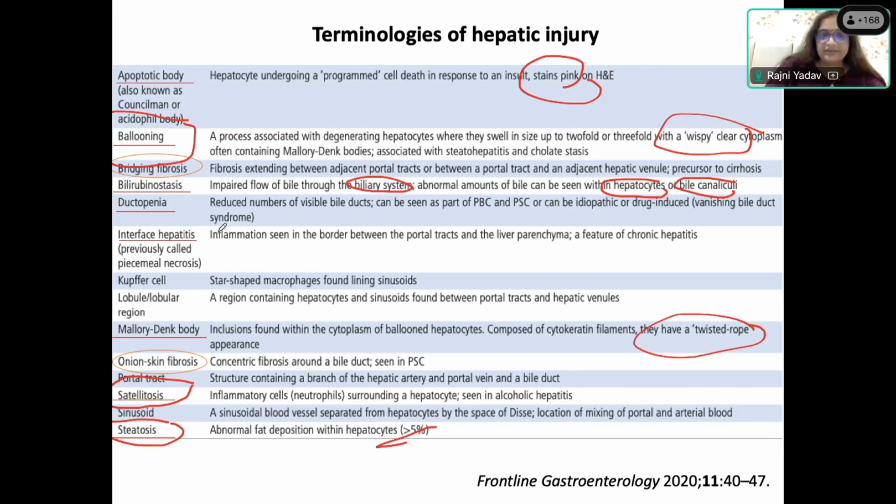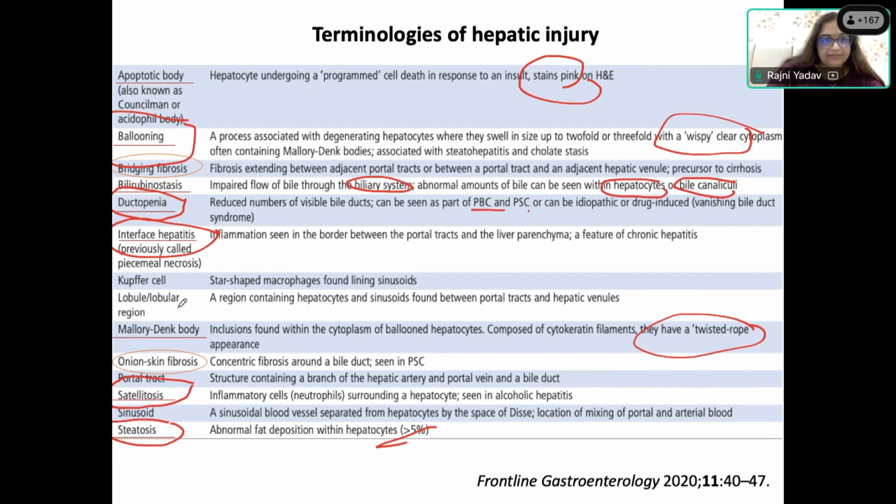Then interface hepatitis, I told you, the limiting plate damage, that is the interface hepatitis. Then if there is a reduction in the ducts, you can't see them, that's ductopenia. That is commonly seen in the ductal diseases like primary biliary cholangitis and primary sclerosing cholangitis, or the vanishing bile duct syndrome, or in children it may be inherited as a part of Alagille syndrome.